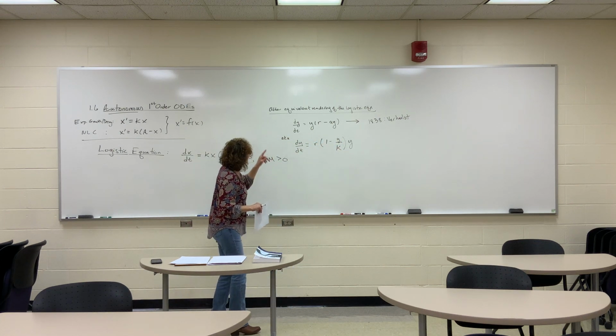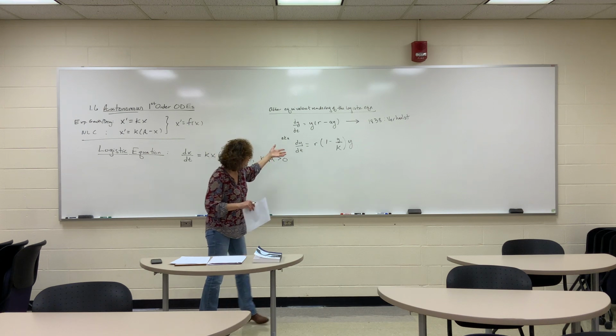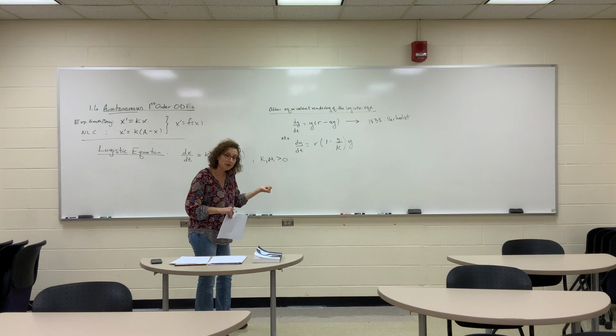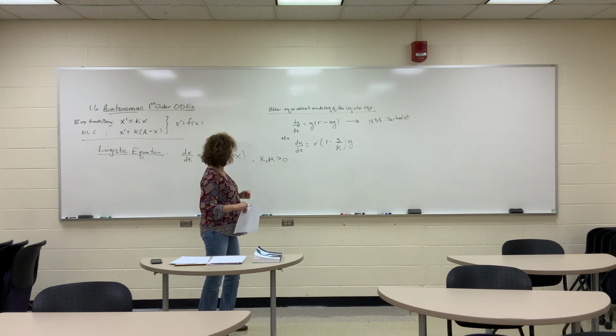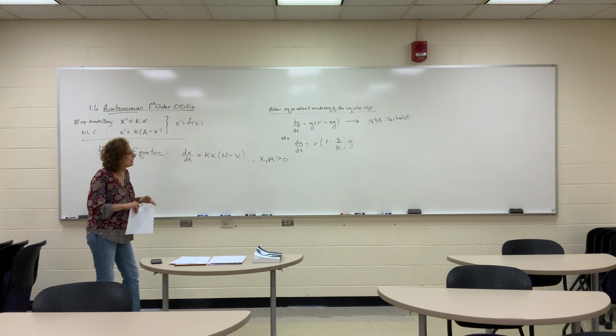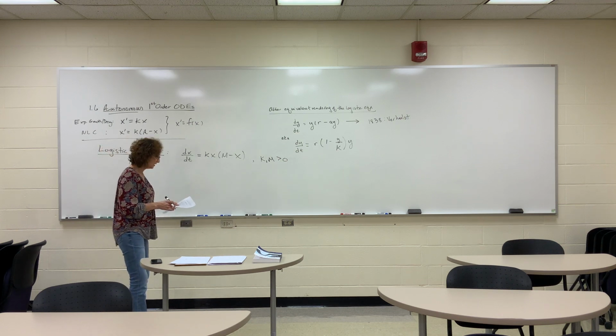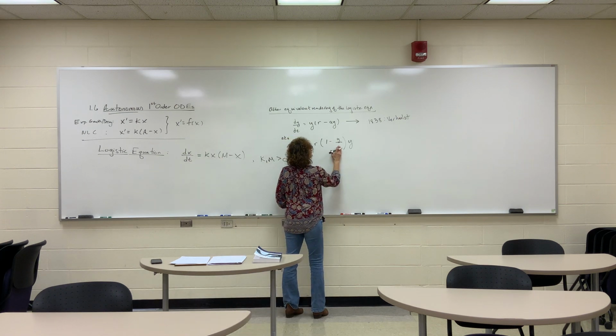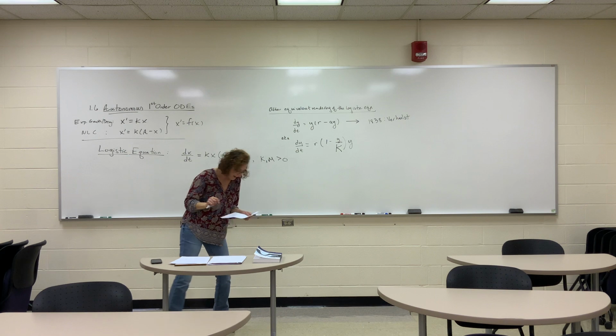The logistic model has a y squared, a dependent variable squared term in it. It has a linear term and a non-linear term on the right side. It just depends on where you put the constants and what you call them and what your interpretation is for them. This is actually a capital K here, so be careful.